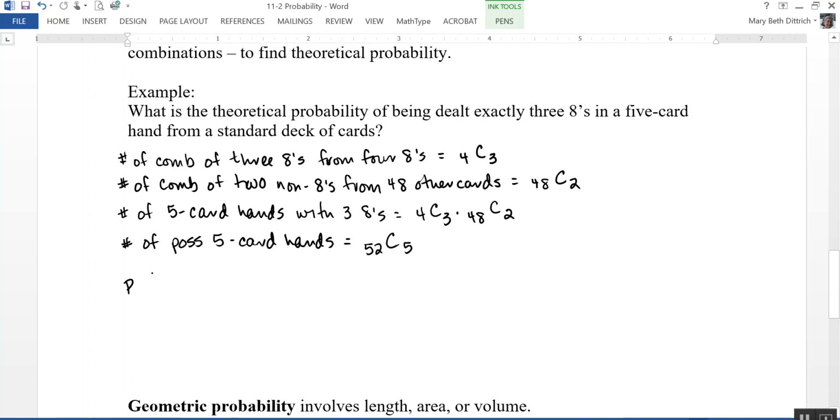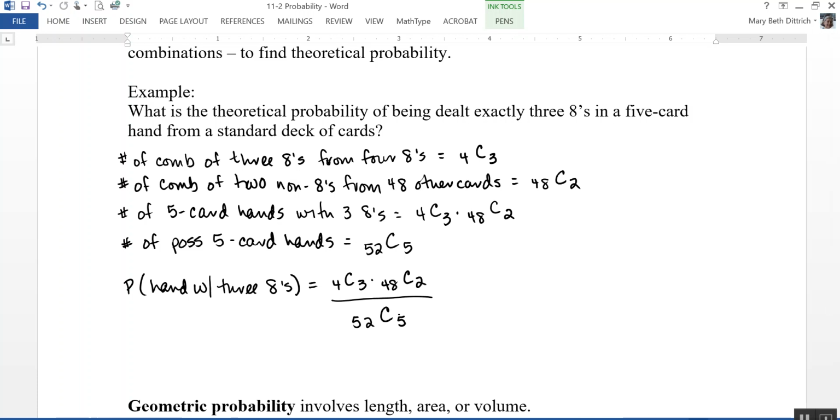The probability of a hand with three 8s is 4C3 times 48C2, the number of 5 card hands that have three 8s and two other cards that are not 8s, divided by 52C5, the number of possible 5 card hands. It doesn't matter what card I get, just how many 5 card hands there are.